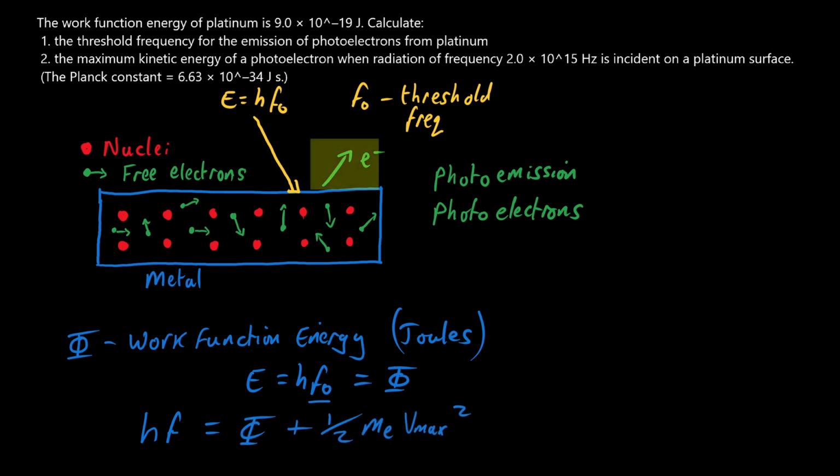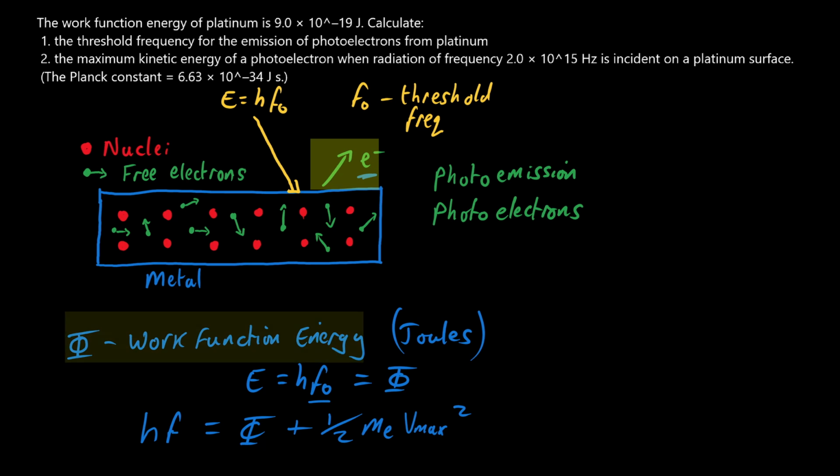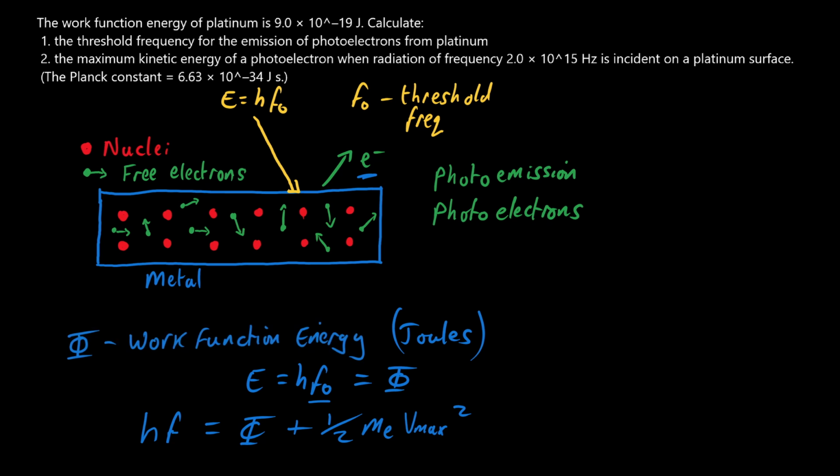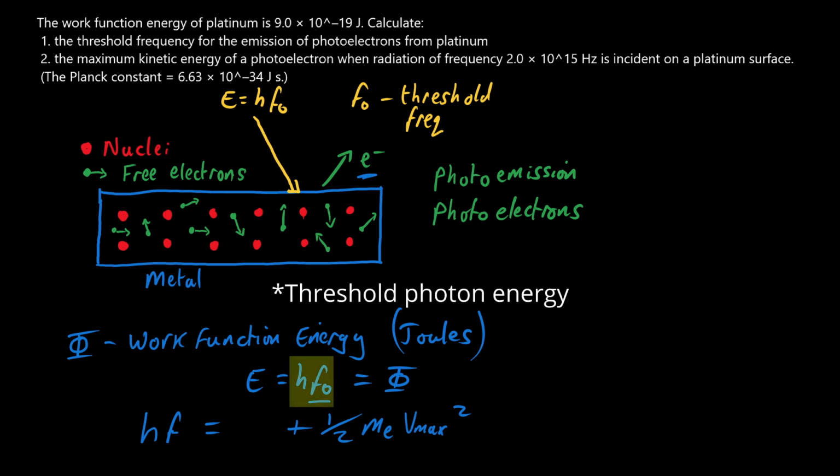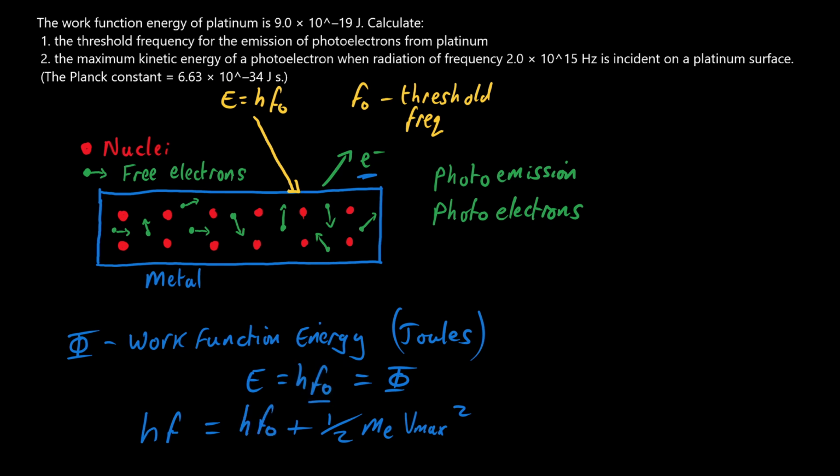This photoelectron will have some kinetic energy if the frequency is high enough, but it also has to overcome the work function energy to escape from the metal. And in fact, we can replace this work function energy symbol with the threshold frequency. So the energy of a photon with the threshold frequency.